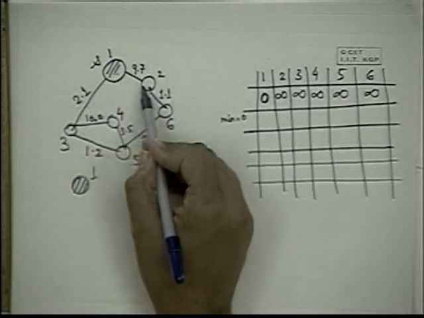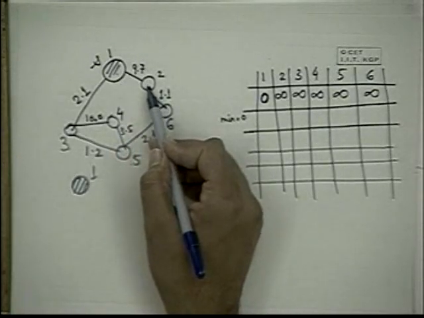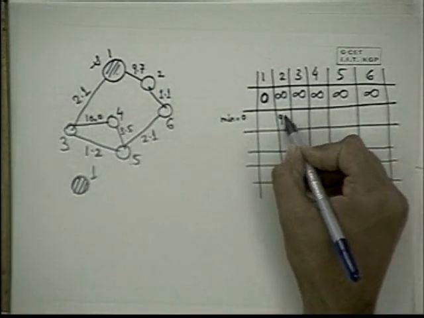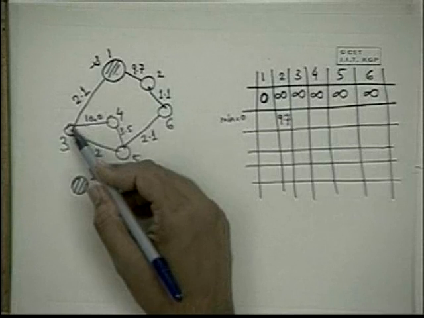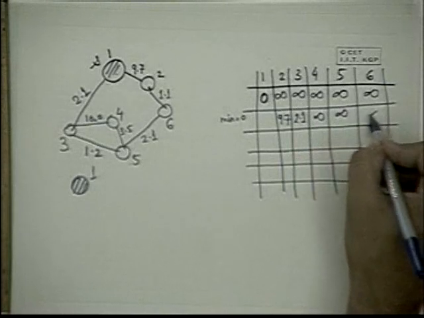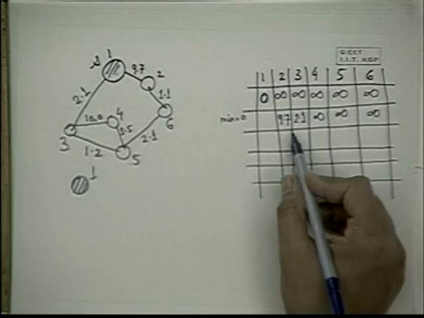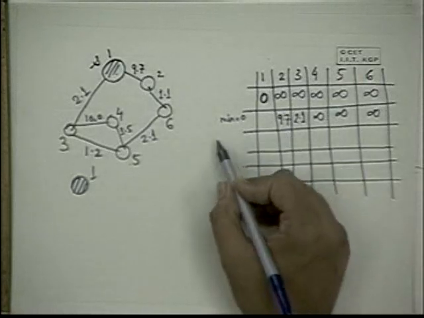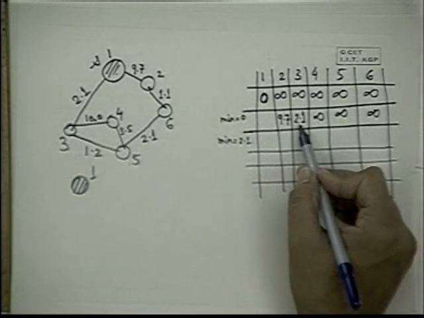Vertex 2 has edge weight 9.7, which is less than infinity, so 2 will be updated to 9.7, and 3 will be updated to 2.1, and all the others remain infinity. Now next you will choose 3, since the minimum in this case is 2.1.